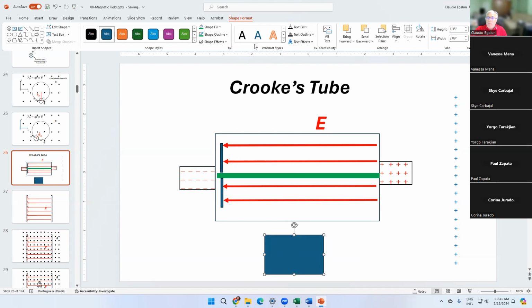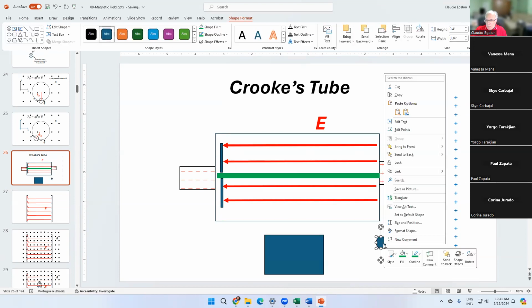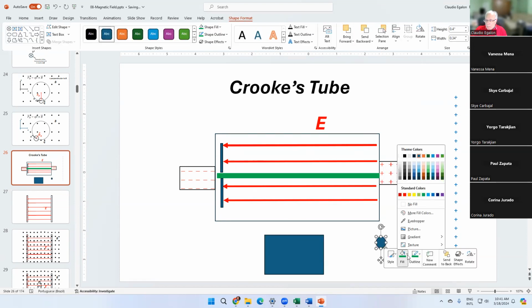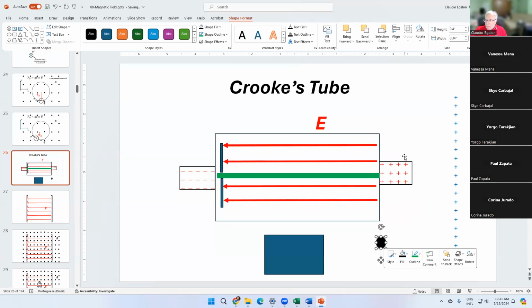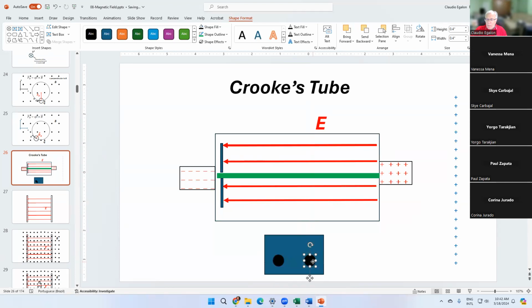Black terminal. Black terminal here. And the other one is going to be my red terminal.